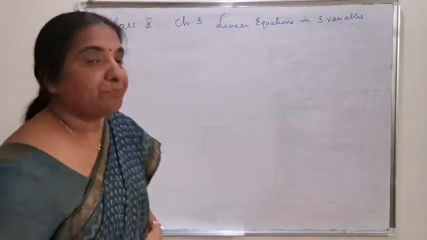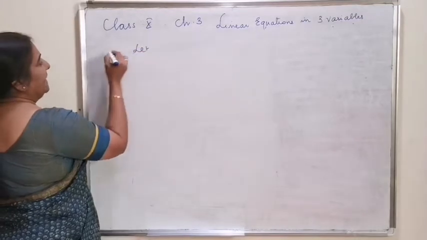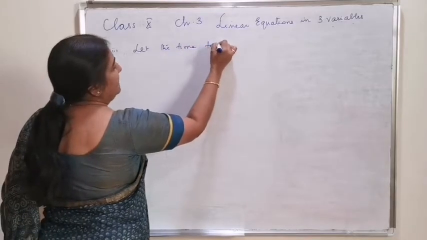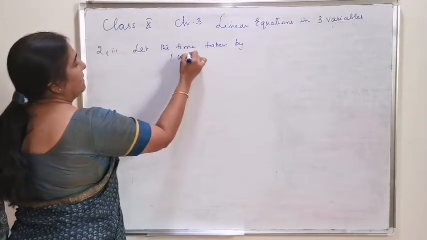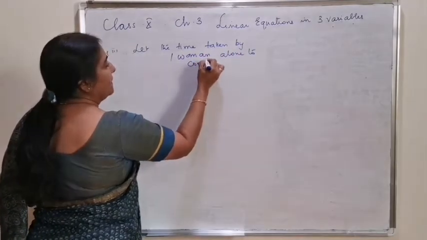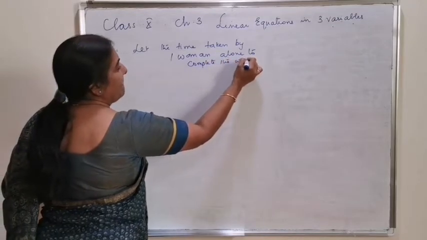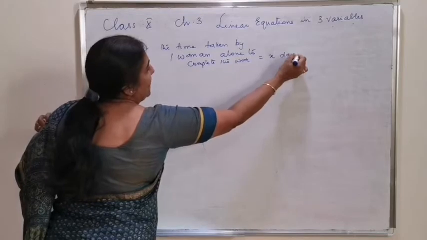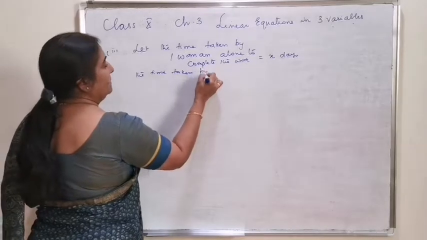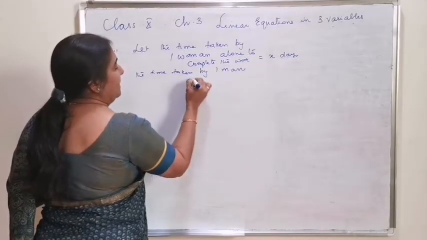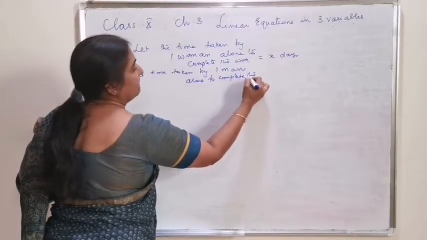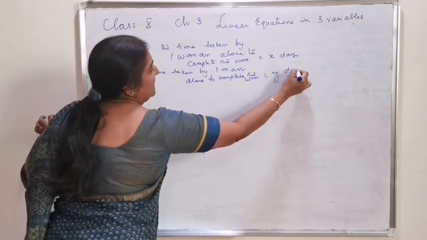Let the time taken by 1 woman alone to complete the work be x days, and the time taken by 1 man alone to complete the work be y days.